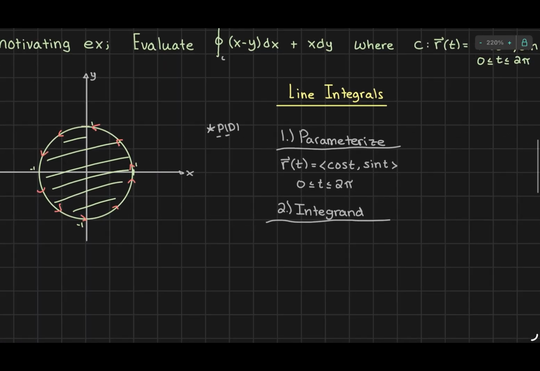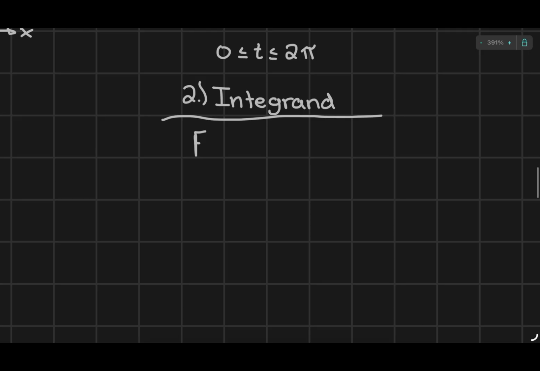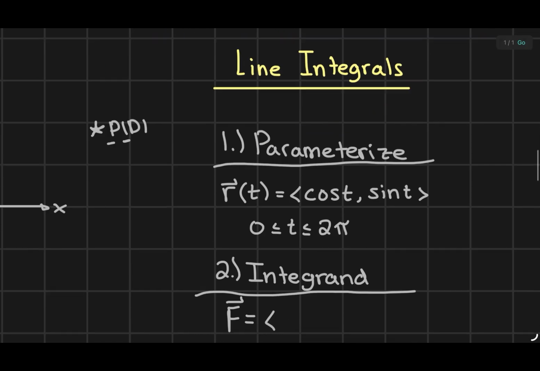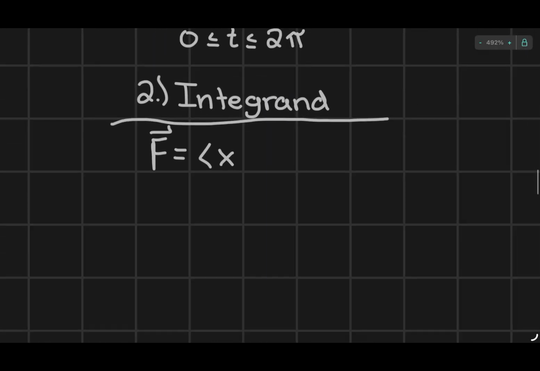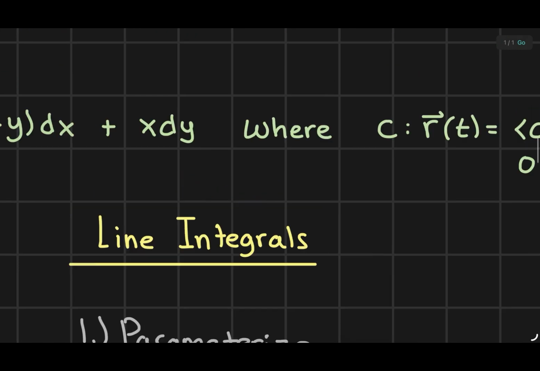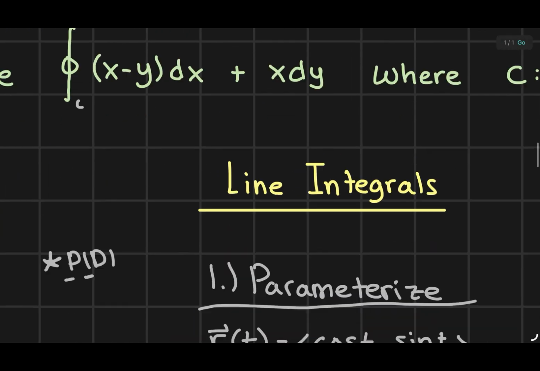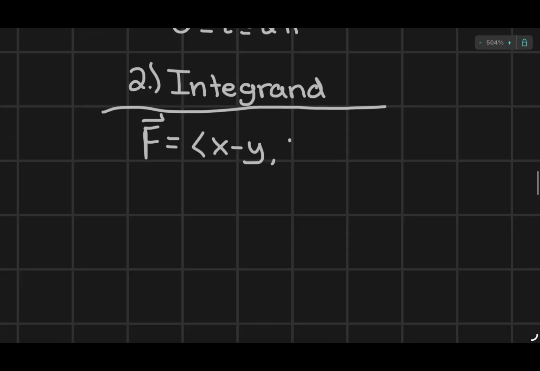So our vector field is actually going to be these individual components combined. So x minus y will be our x term of our vector field, and our x is going to be our y component of our vector field. So that is our vector field right there.